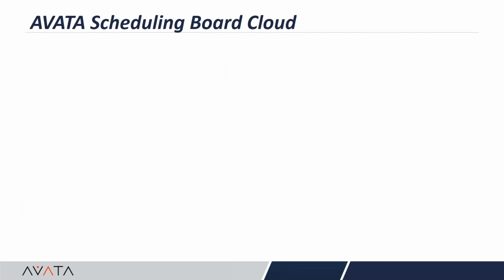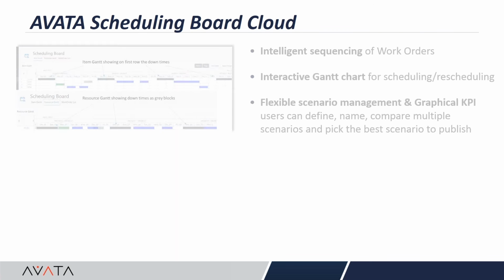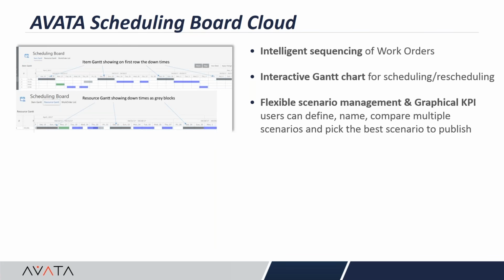Even beyond what the cloud offerings from Oracle provide, AVATA has developed some cloud components using Oracle's cloud technology with an eye towards enhancing what not only JD Edwards brings to the table, but other cloud supply chain systems.